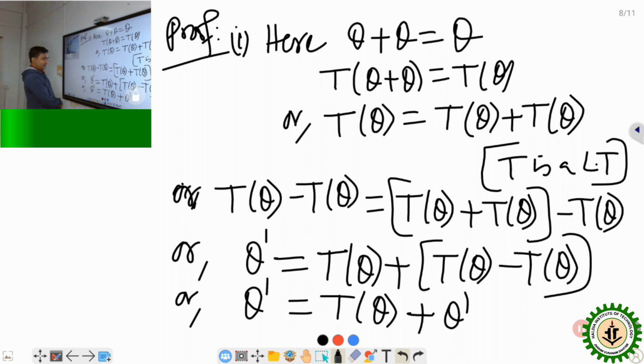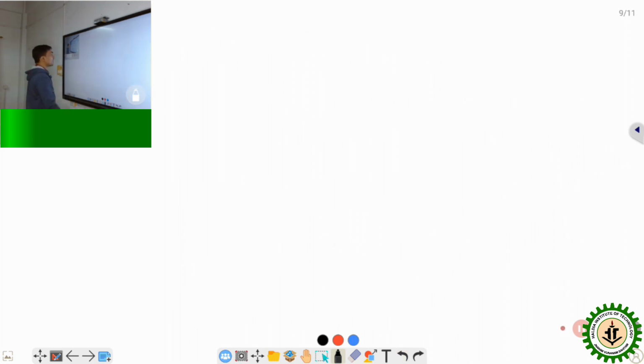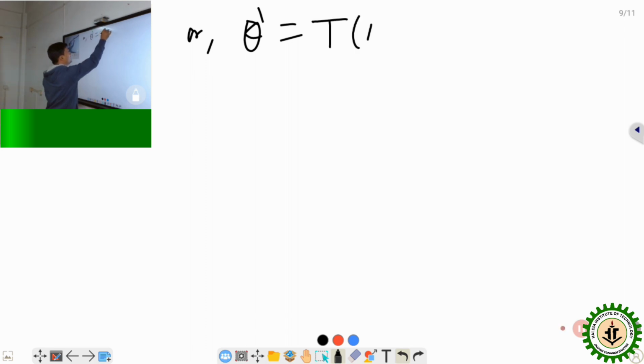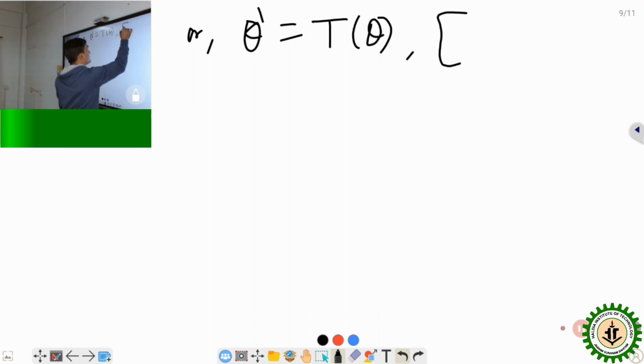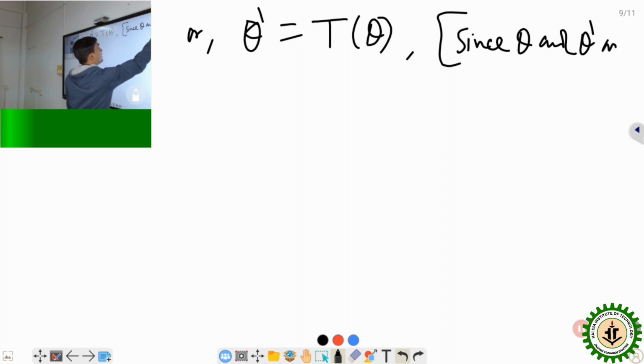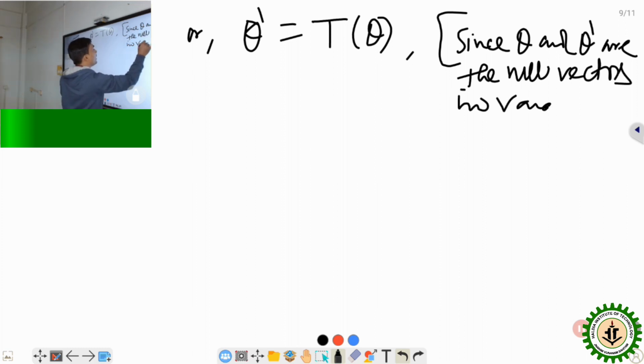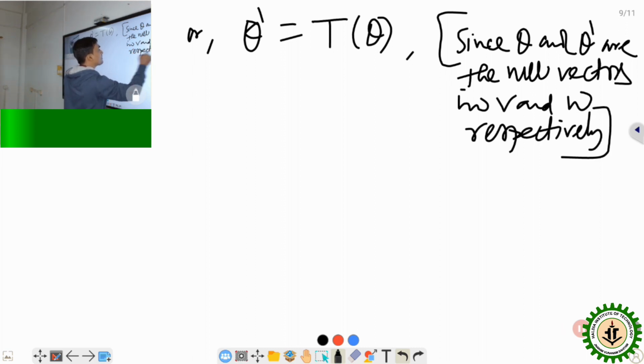Now again we can simplify this result: theta dash is equal to T of theta, since theta and theta dash are the null vectors in V and W respectively. So result number 1 is proved. Now we want to prove our second result.